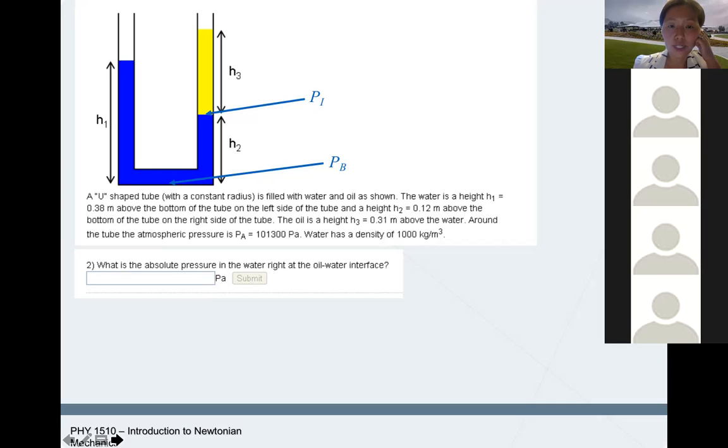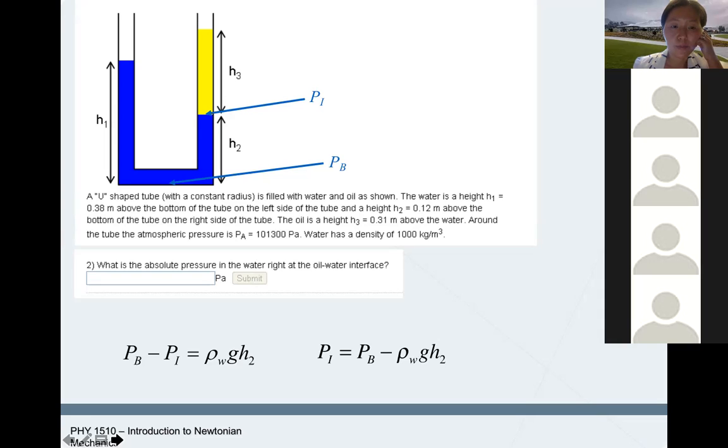So the pressure at the interface will just be smaller than the pressure at the bottom. And the difference is really just rho g H2, the density of the water times g times the height H2, right? So we use the pressure at the bottom, which was from the first question, minus rho water times g times H2.